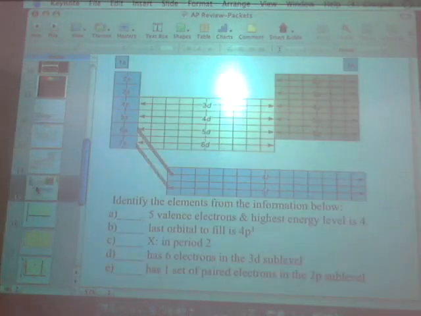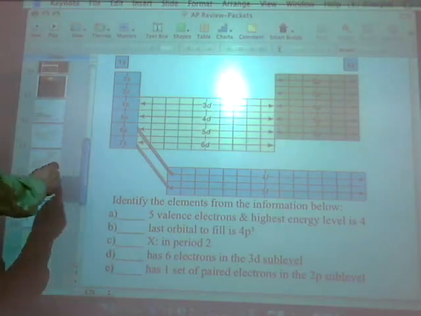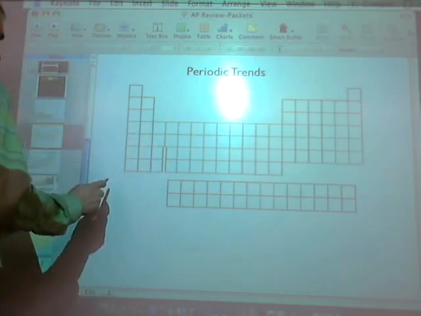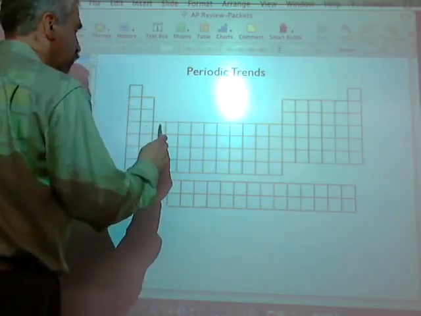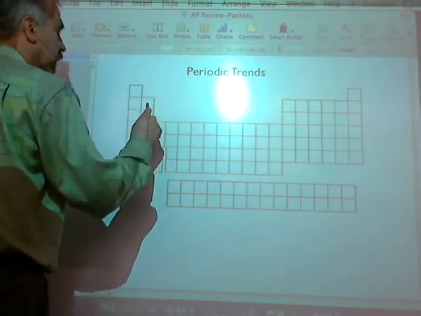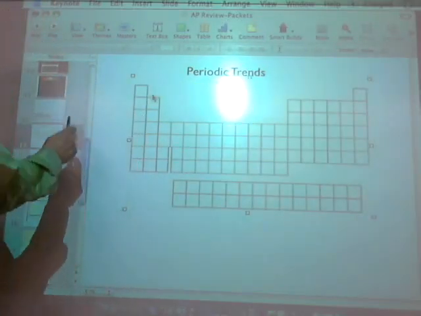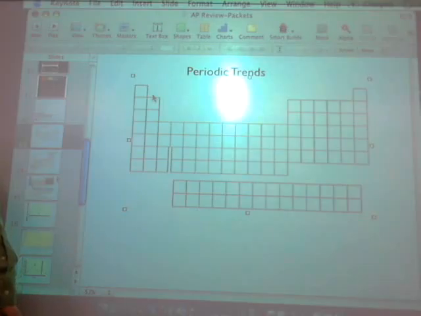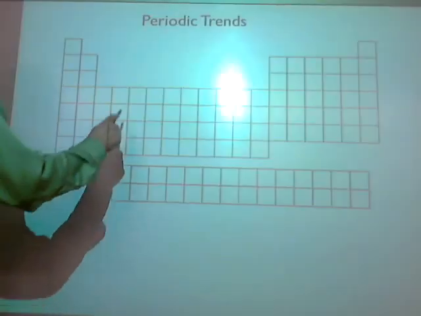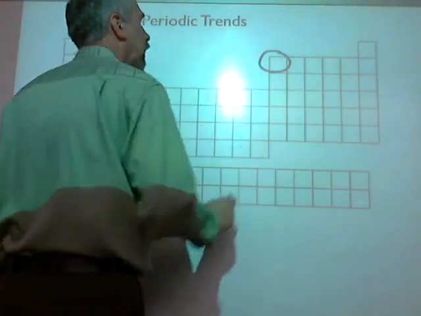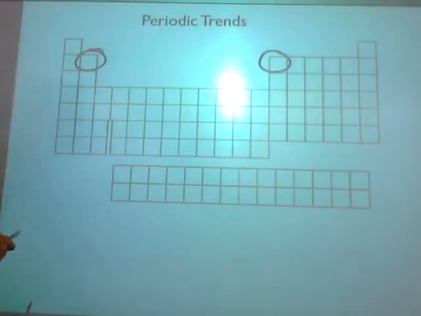It's happening between 4 and 5, that's right here. This is element 4. It's happening between here, here, and here, right? Let's see if we can figure out why.